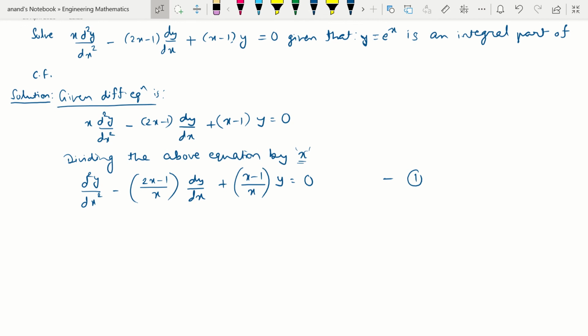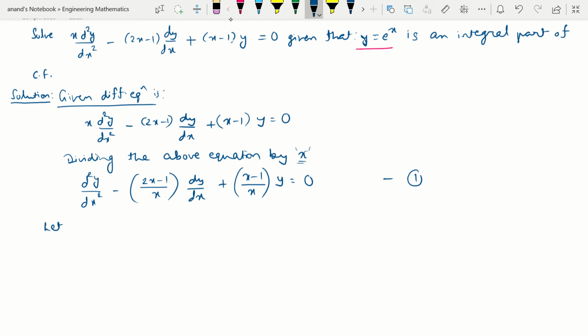Now, since it is given that y equals e to the power x is an integral part of the complementary function, we will take it as u.